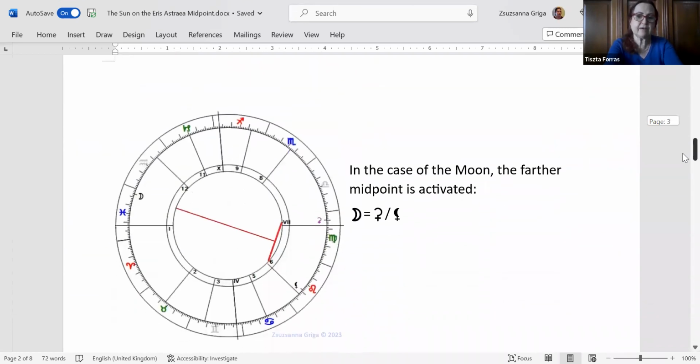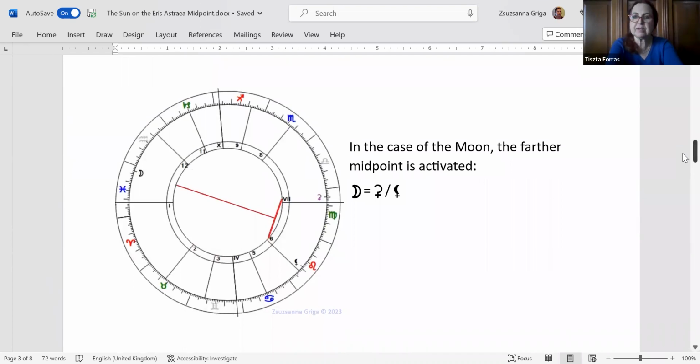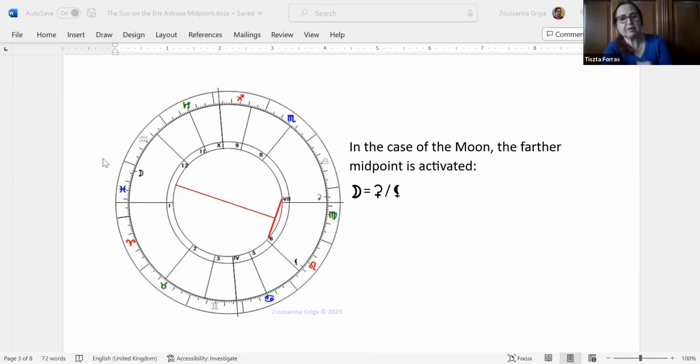And this gives me occasion to look at further midpoints. What I decided to do is to look at the rest of the personal planets. The other luminary, of course, is the moon. And here, this is the further midpoint, not the closer one, but an equally important midpoint.